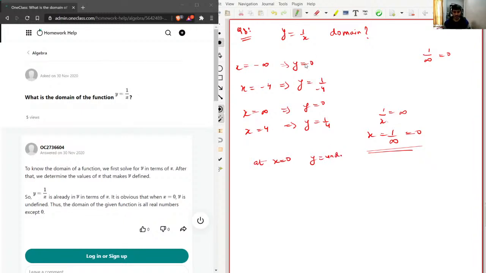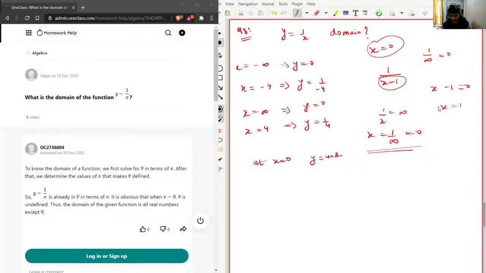So basically what we are doing is checking the denominator, and we'll be solving for x by setting the denominator equal to 0. So suppose in the denominator we had x minus 1, then we would have kept x minus 1 as 0, and we'll be finding x which will be plus 1.